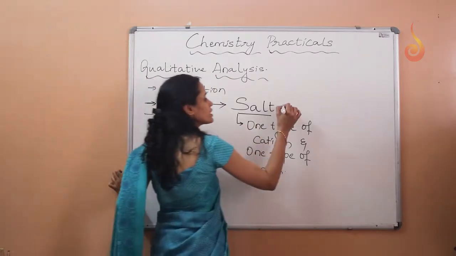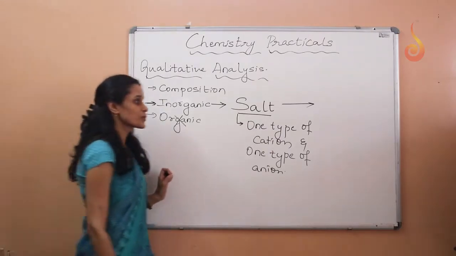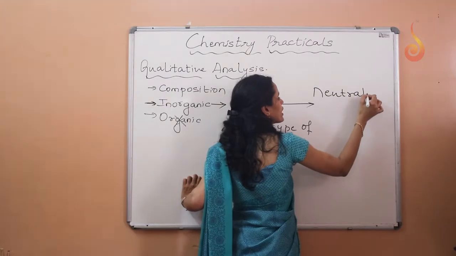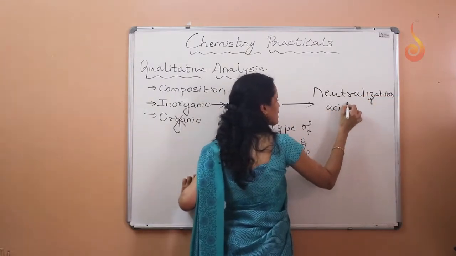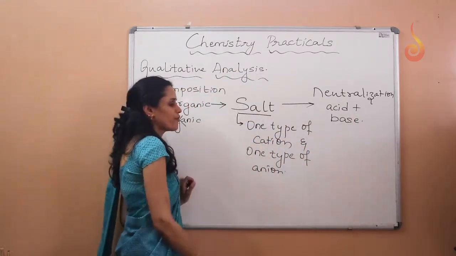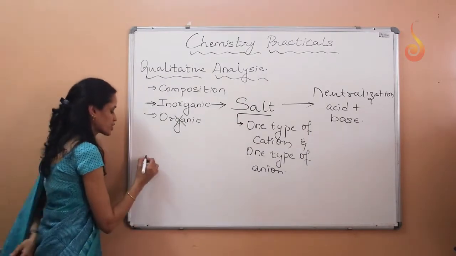But how is this inorganic salt produced? It is always produced by the neutralization of an acid with a base. Now let's look at a very simple example of a neutralization reaction.